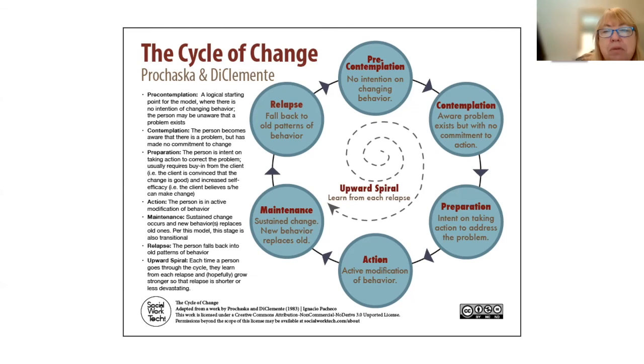So the step between contemplation and preparation is, for a lot of people, the largest step. They've decided that it's not good enough, they have to take action, and they think they can do it. Okay. The next step is actually taking the action. So the person is actively trying to change their behavior.